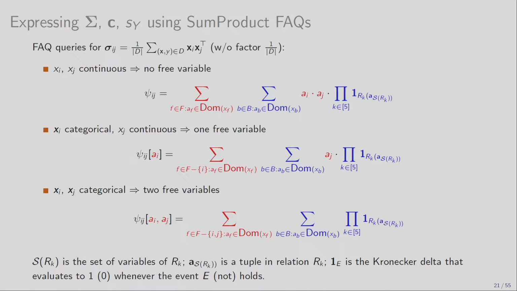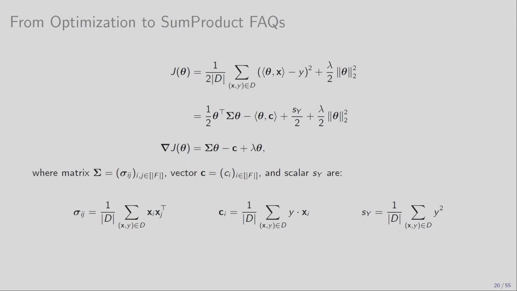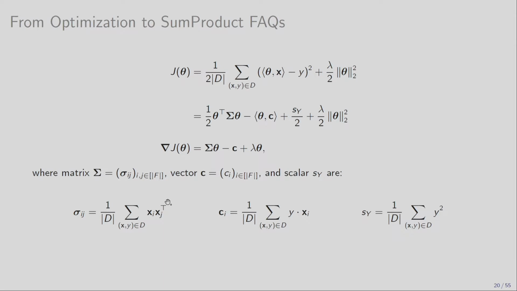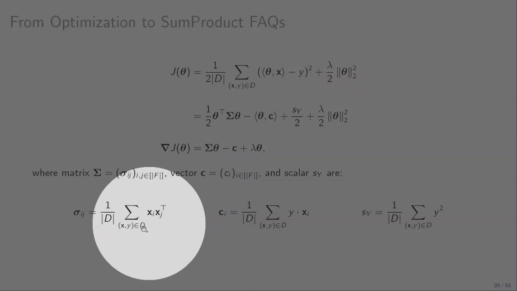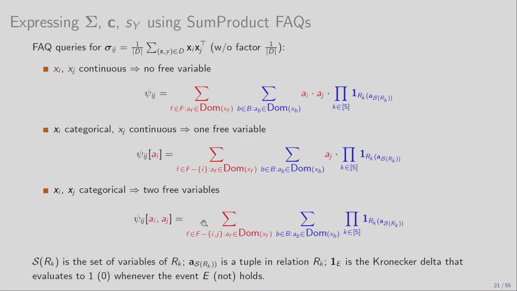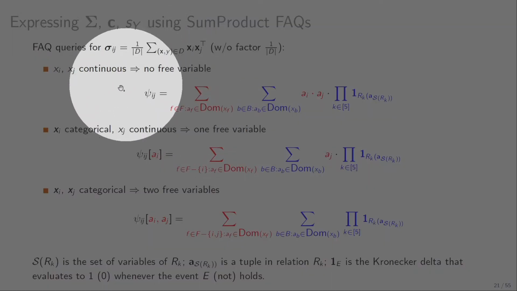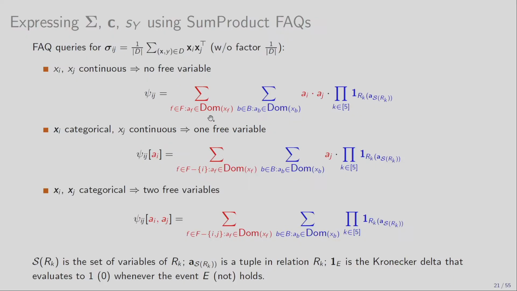Okay, so for a particular row and column, sigma ij would give you this entry, and this particular entry can be defined using one of those types of queries.